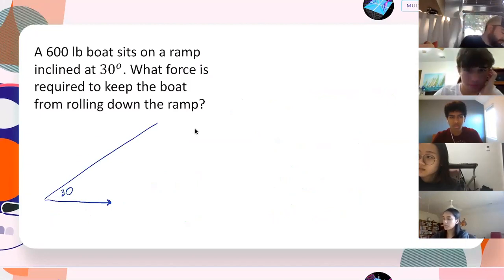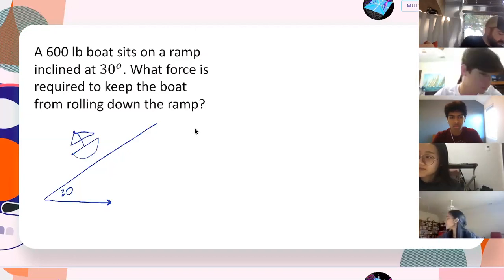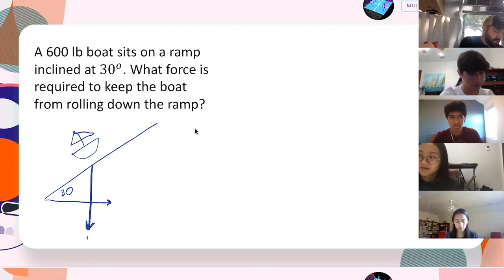So if you have a boat up here, my excellent art skills, if you have a boat up here on the ramp, you basically have a force F. It's going to be going down like this. F is just the mass of the boat, the gravity's effect on the boat. That's our main force there.